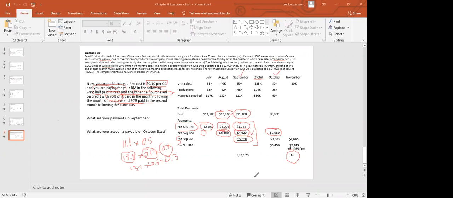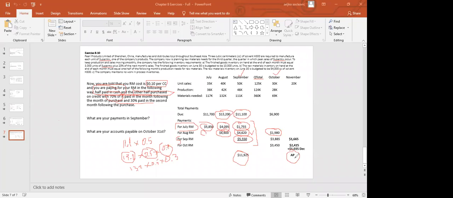So now these three together would be my payment in September, 11,925. So this would be an interesting problem. It has an additional stepping calculation, but nothing difficult in terms of concept.